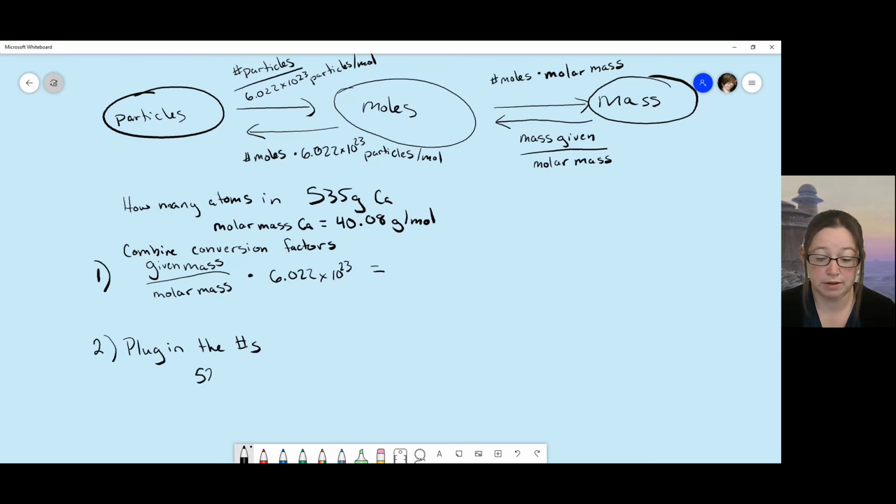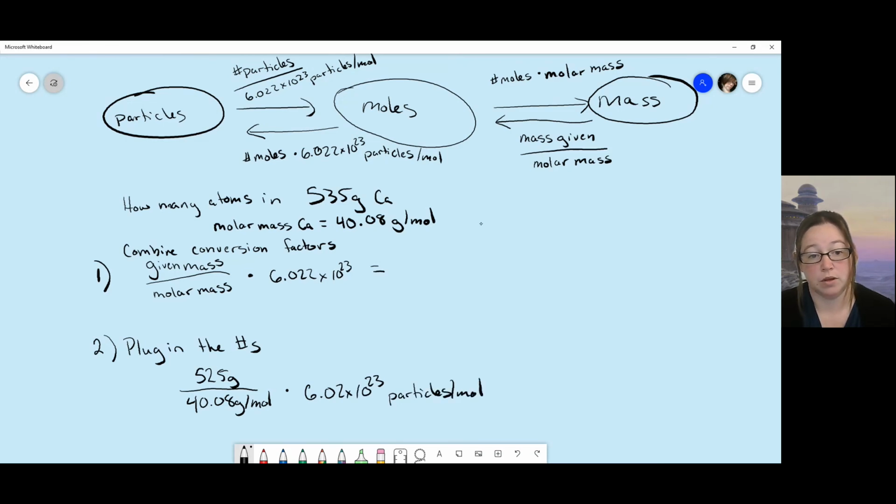I've got 525 grams divided by 40.08 grams per mole. And then we're going to multiply by that 6.02 times 10 to the 23 particles per mole. Grams cancel. I'm going to solve. I'm running out of time.